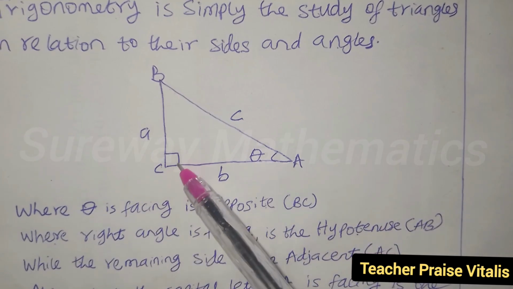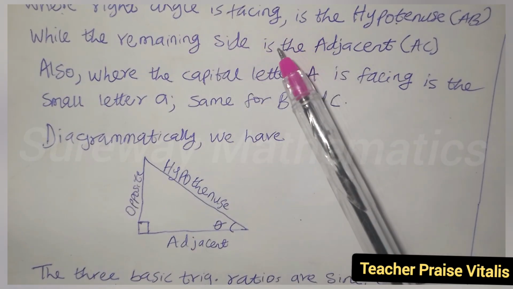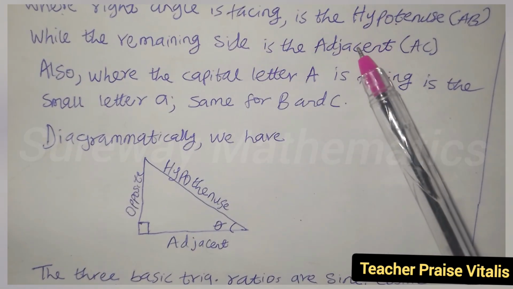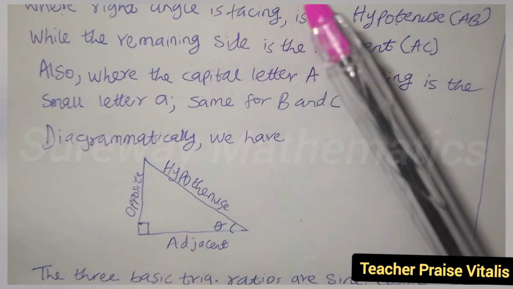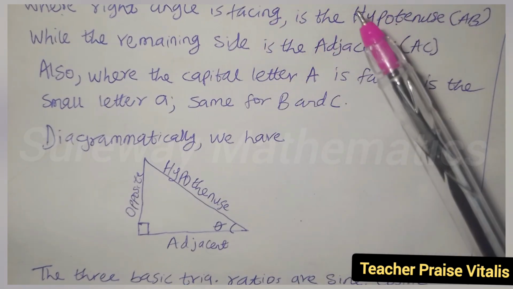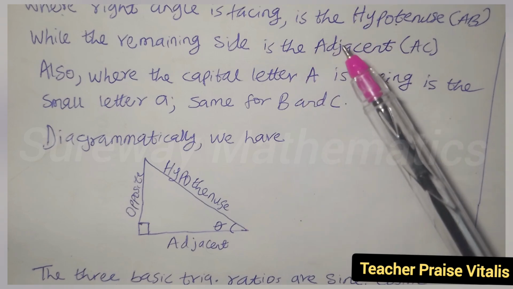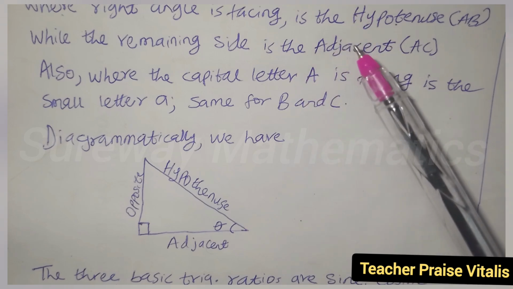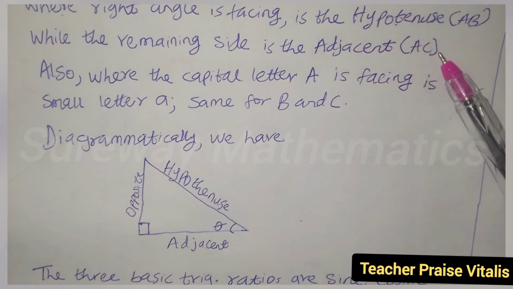This is the right angle. While the remaining side is the adjacent. That is, after identifying the opposite and the hypotenuse, the remaining side of the right angle triangle is the adjacent. Some call it the base side. Here, AC.